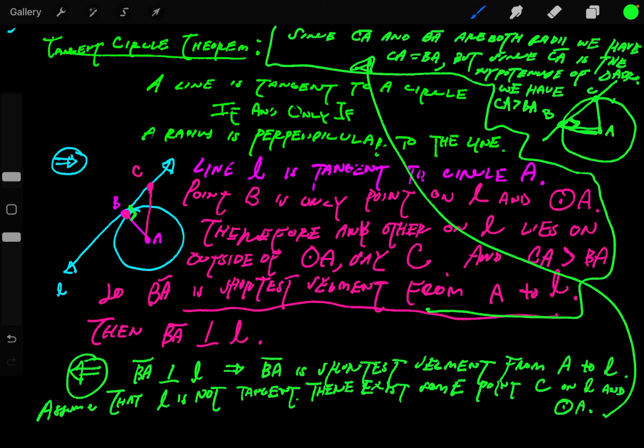And this is a contradiction. And you could draw your contradiction by the two arrows facing one another. The assumption is false.